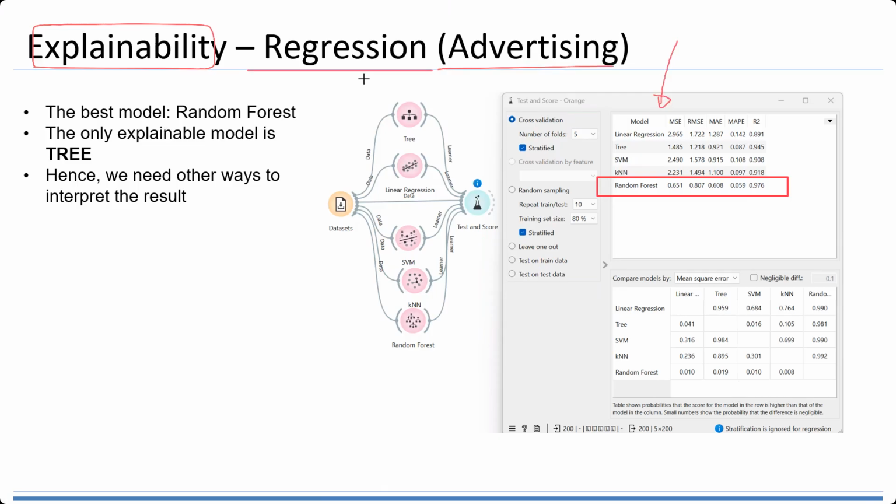Regression is one of the machine learning tasks when the target is numerical. So when the target is numerical, you will get performance measures such as MSE, RMSE, MAE, MAPE, and R square.